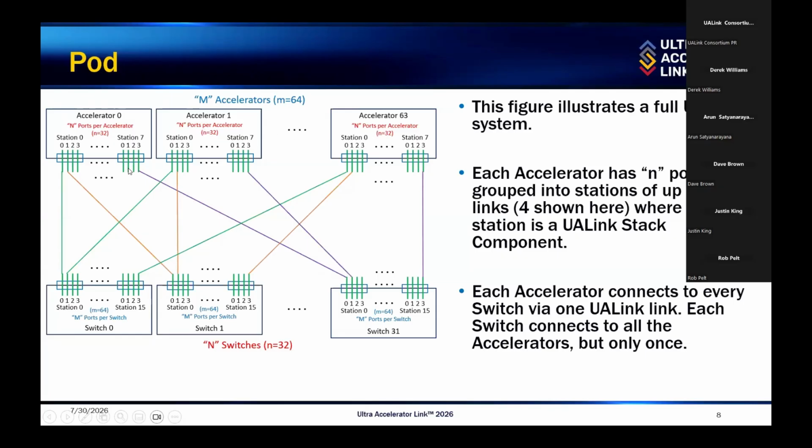The station can also be a single port, 2 ports, or 4 ports. For this figure, we've illustrated 4 ports. Each accelerator connects to every switch via one UALink link, and each switch, therefore, connects to all accelerators, but only once on one link. Okay, so this is the basic topology and the interconnect of our system.